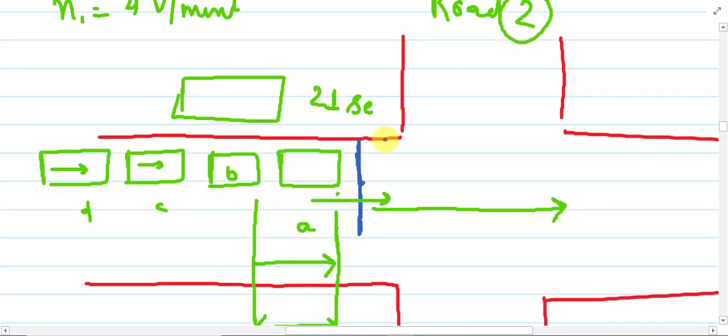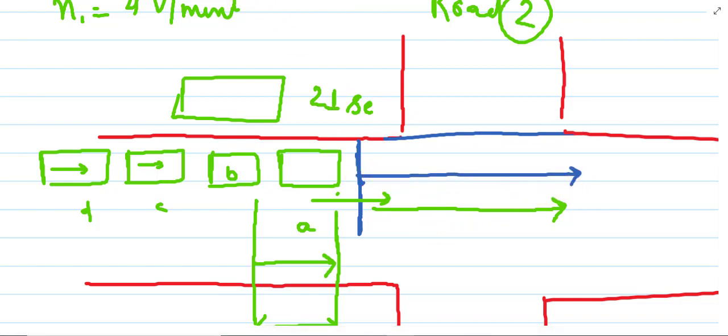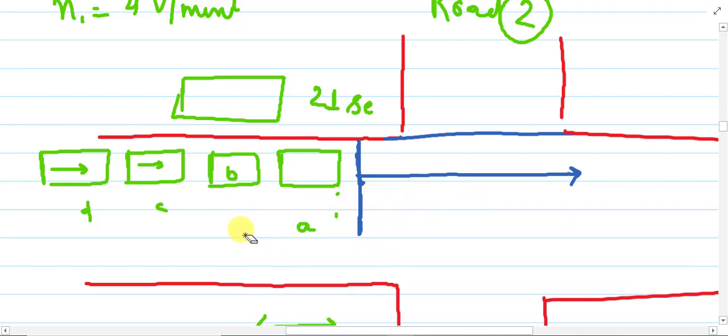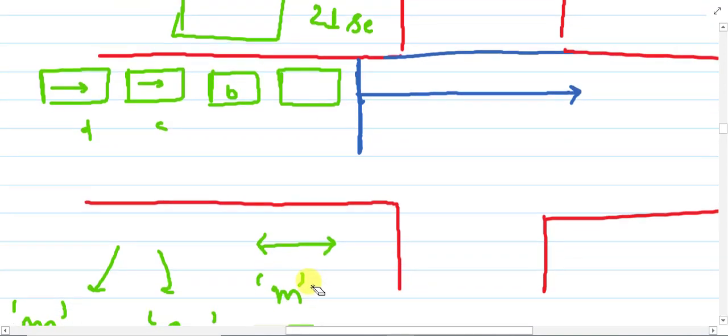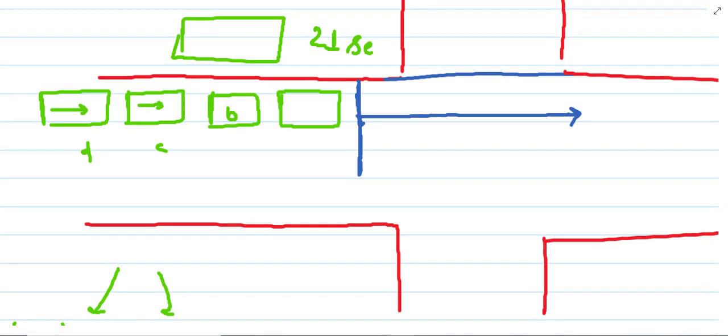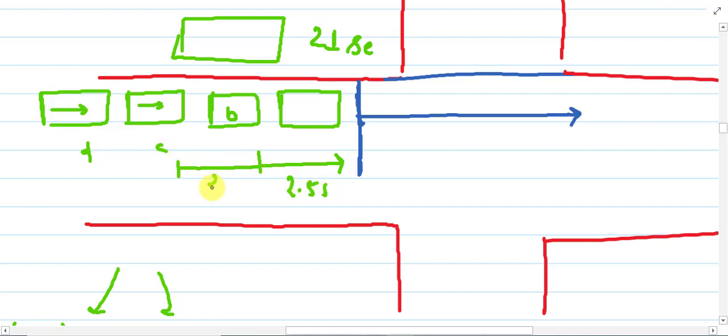To cross this intersection, like from this position to this position, this is the intersection length. Because we already said that if B1 appears at this position, it takes 2.5 seconds. Similarly, C1 appears after B1, it will take 2.5 seconds. After this it will take 2.5 seconds, and similarly. Okay, so this is the headway, this is the time headway.